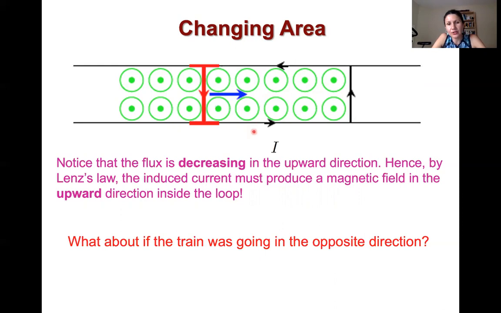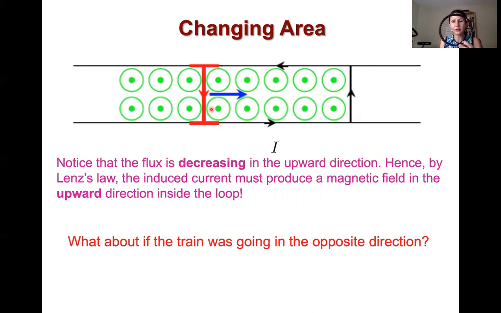Now we just use our right-hand rule to determine the direction of the induced current. This is a circle, but loops don't have to be circles. It just has to be a closed loop. It could be circular, rectangular, square, whatever. In this case, we know the induced magnetic field points toward me.